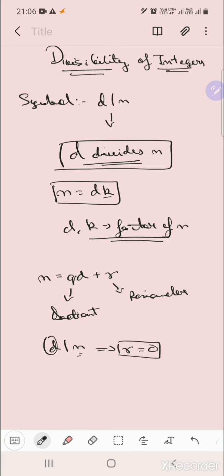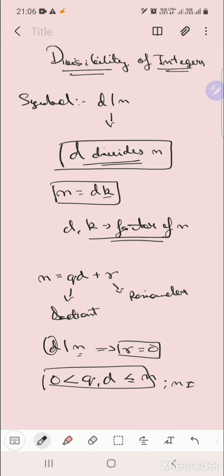Also, both q and d follow this particular inequality when n is not equal to 0, because if n is 0 then either of them will equal 0. Yeah, either of them or both can also equal 0. Clear?